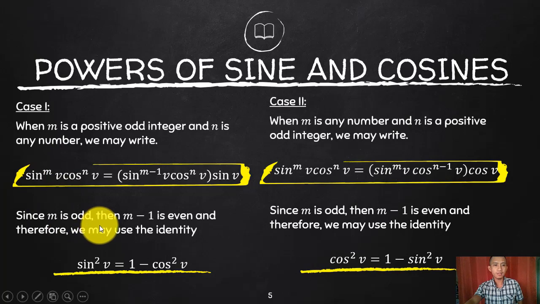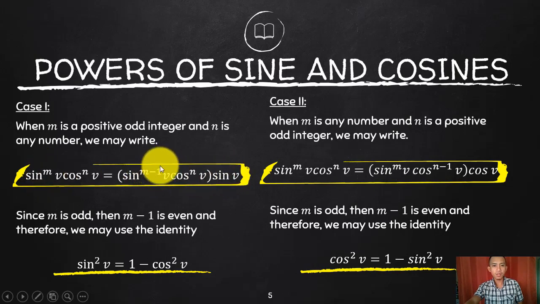Since m is odd, we can subtract 1 from that m, and if we subtract 1 from that m, it will become even, and therefore we may use the identity coming from your Pythagorean identities: sine squared plus cosine squared is equal to 1. So you have your sine raised to a positive odd integer. You can factor out one of that outside.